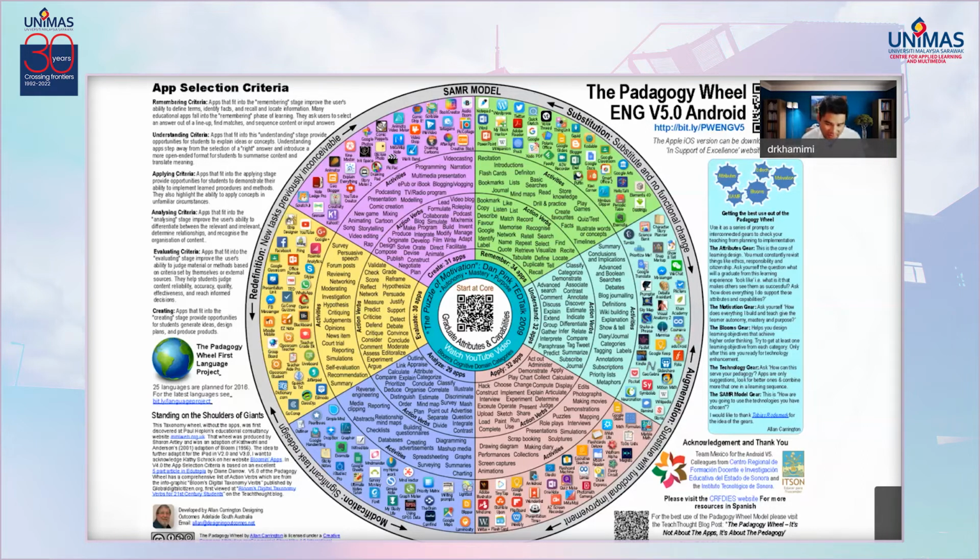If you want to augment it, that means this is a substitute with a functional improvement. Or if you want to use your apps as a significant task redesign, so you might use a modification. Or if you want new tasks previously inconceivable, so you might use the term redefinition. Okay, you might use this kind of pedagogy wheel later on.